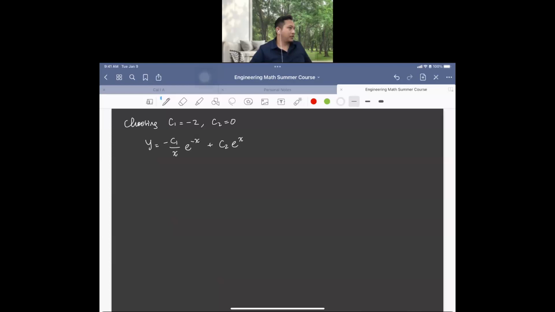So from here we find the second solution, that is y2 is e^(-x). And then we can check with the Wronskian of e^x and e^(-x), that it is supposed to be not equal to 0, but you can check anyway using the determinant.